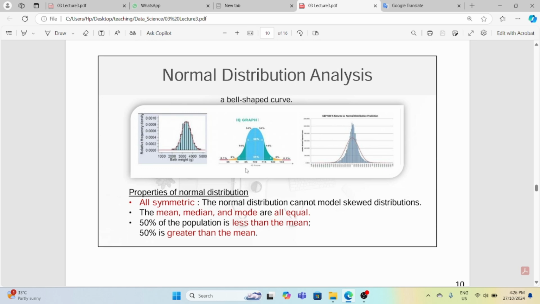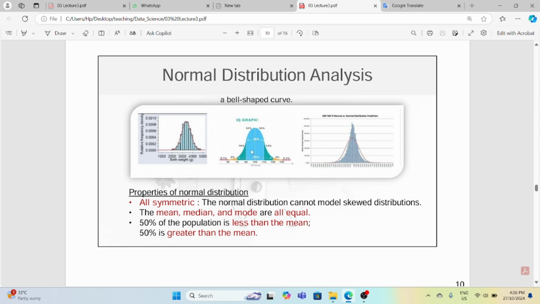Okay, properties of the normal distribution. All symmetric. If our graph has a normal distribution, you can see symmetric data. So there is no skew in the data distribution.